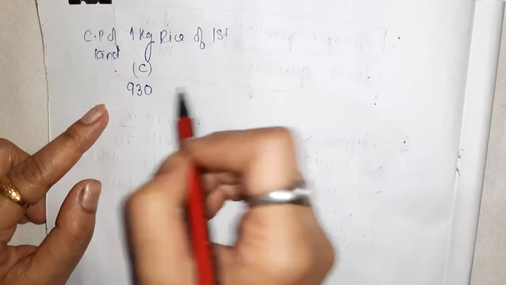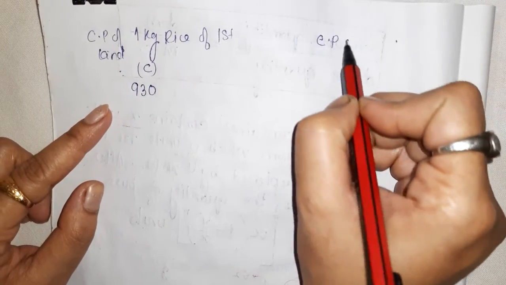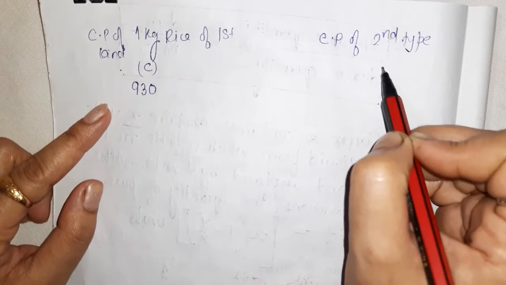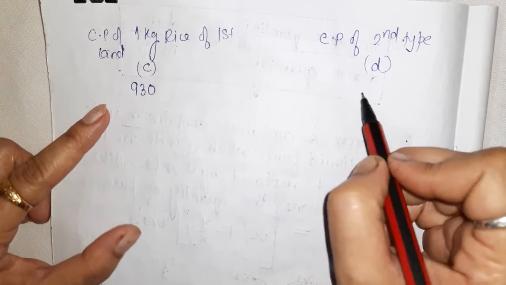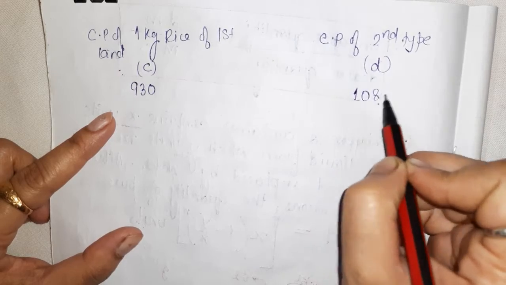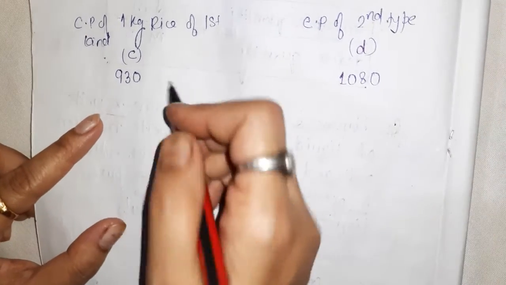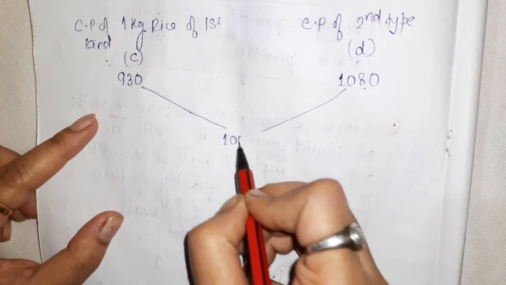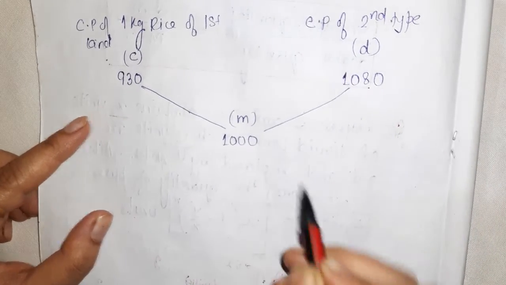We are converting into paise. Then the cost price of the second type, that is D, it is dearer, so it will be 1080. We convert it into paise. Then our mean one is 1000, it is M.